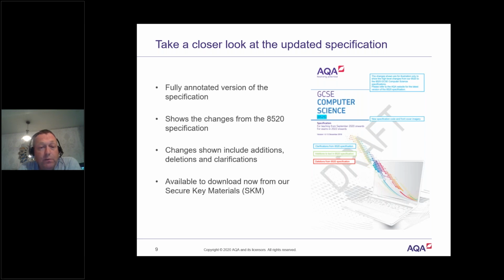The first thing we've done is change the spec code from 8520 to 8525, and we've changed the front cover imagery of the specification. As you go through that, hopefully it should be really easy for you to follow, and where you have got resources, you should be able to identify where those resources need to change.